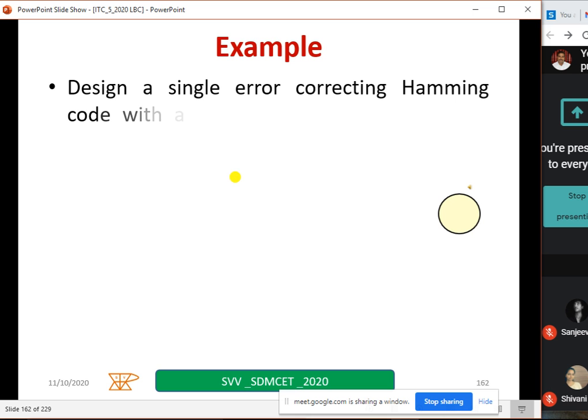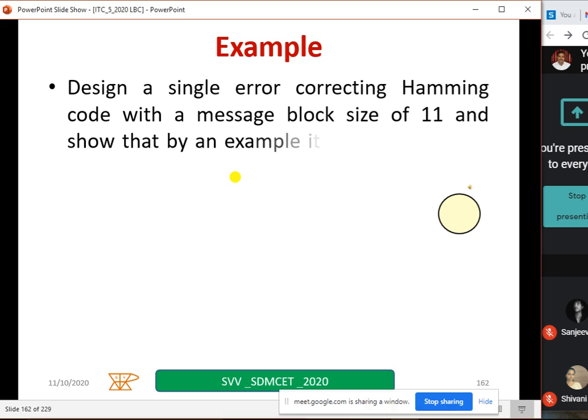Design a single error correcting Hamming code with a message block size of 11 and show by an example that it can correct a single error.